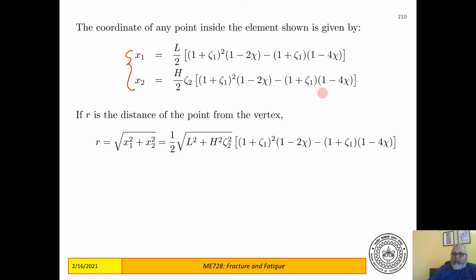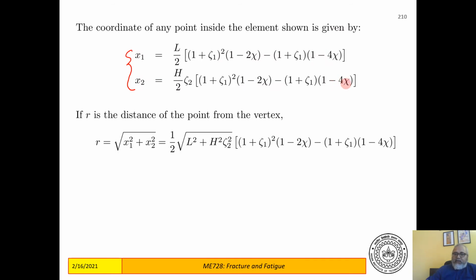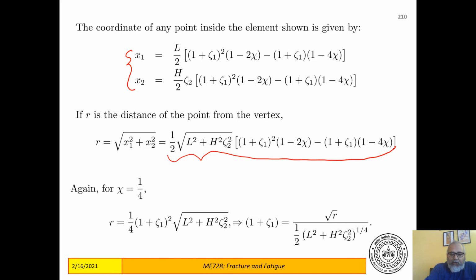If r is the distance of the point from the vertex, I have calculated r as root over x1 square plus x2 square, and this is what I end up with. So this is a function of chi, zeta 1 and zeta 2. R is a function of zeta 1 and zeta 2 now, and for chi equal to 1/4, this becomes somewhat simple.